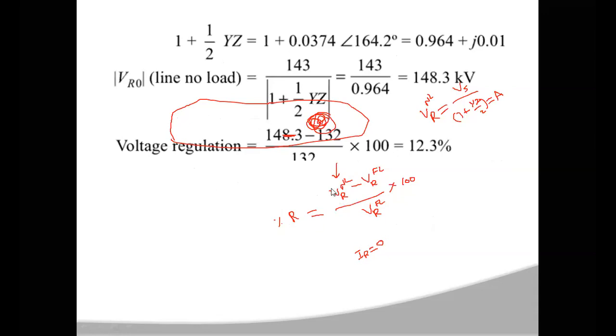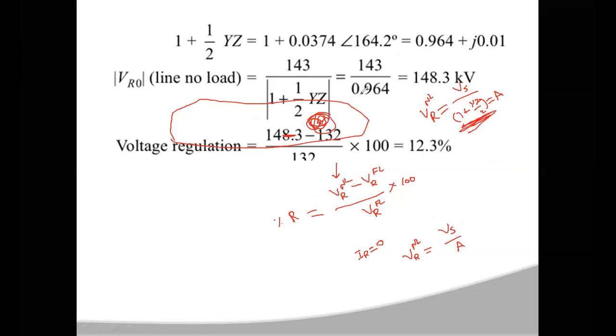Here VR no load can be written as Vs by A. Now A here for this pi network is 1 plus Yz by 2.